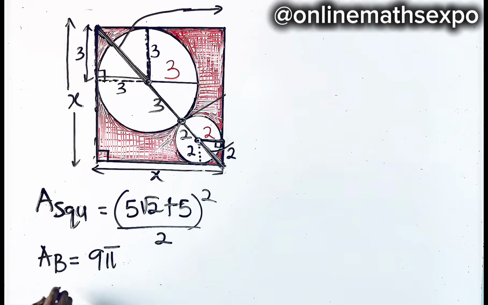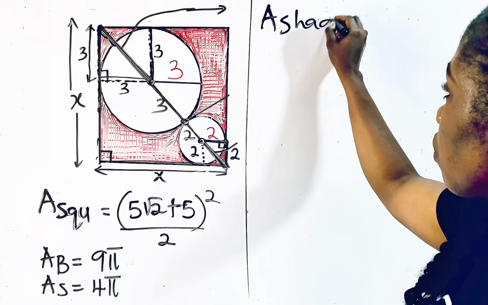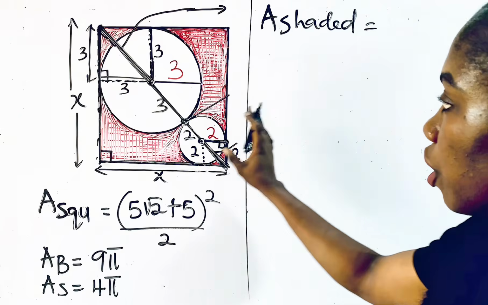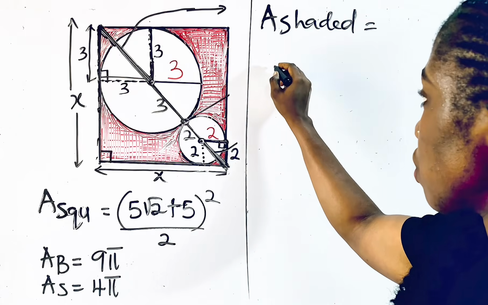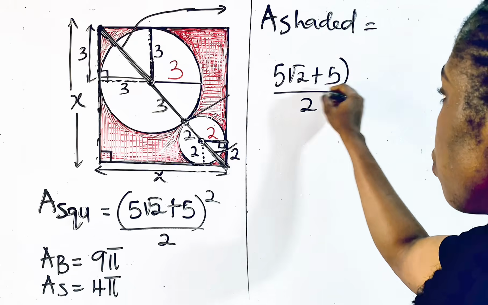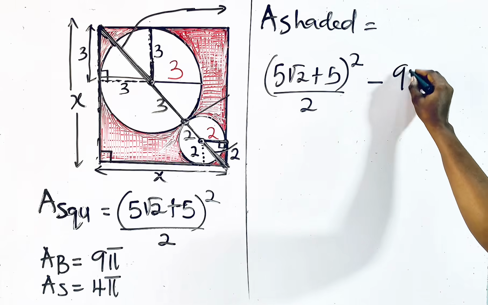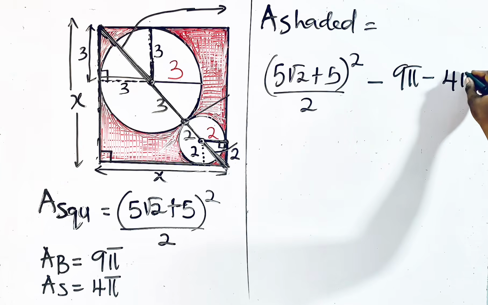And then the area of the small circle, we got 4 pi. So let's get the area of the shaded. Like we said, it is going to be the area of the square, which is 5 root 2 plus 5 all squared divided by 2, minus the big circle, minus the small circle.